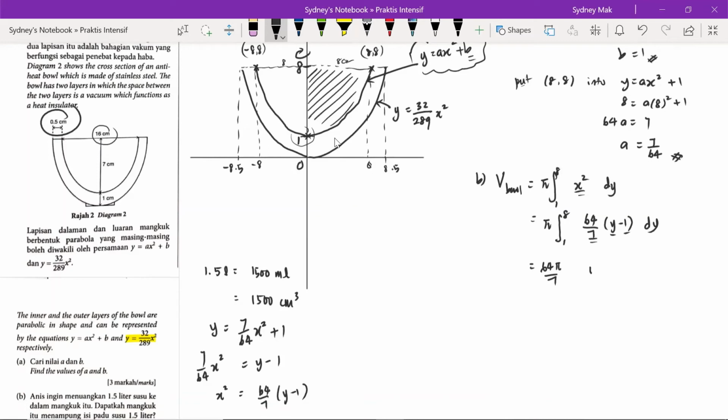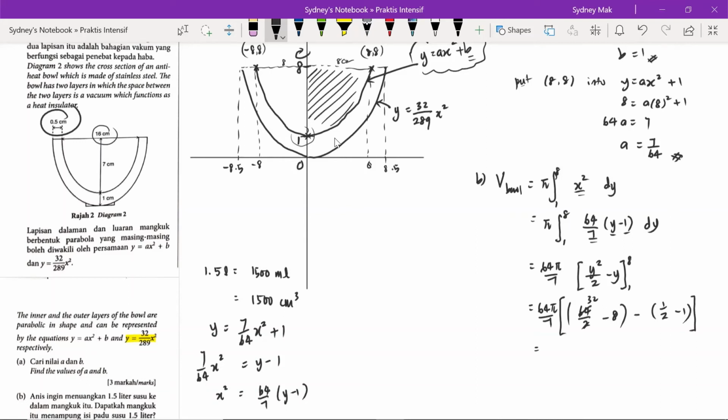We will have y squared over 2 minus y, with the boundaries 1 and 8. Substitute that in, 64 pi over 7 times 8 squared over 2, which is 64/2, minus 8, and then minus half minus 1. Okay, this one we simplify. We got 32.